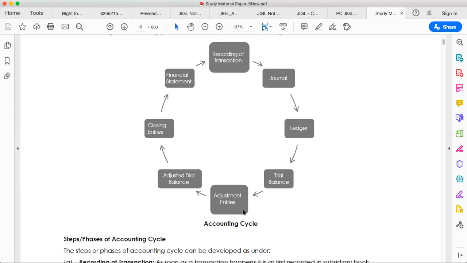Then you'll make some adjustment entries, like we discussed, provision for bad and doubtful debt. This will be an adjustment entry. If some wrong entries are recorded, you'll make an adjustment for that. Then you'll have an adjusted trial balance. Then there will be closing entries. Closing entry means you have different ledgers here, but they must be summarized. Let's say for expenses you have 100 ledgers, but those 100 ledgers should be summarized. Then you won't have any expenses ledger in your balance sheet. There will be only the profit and loss account.